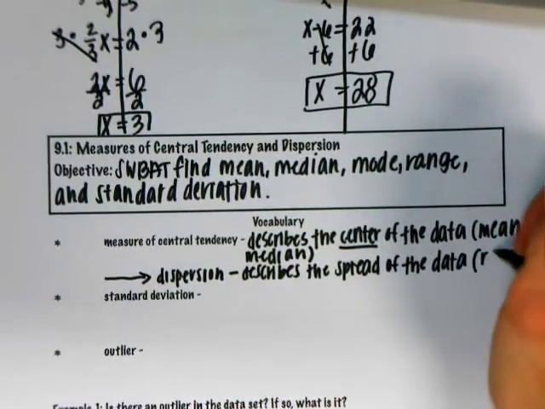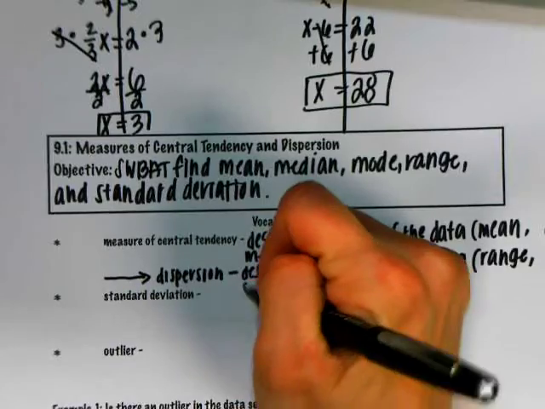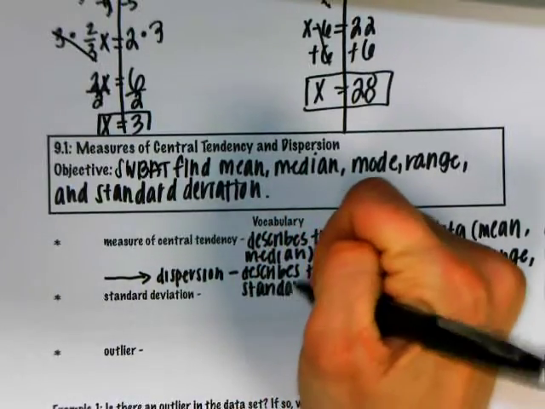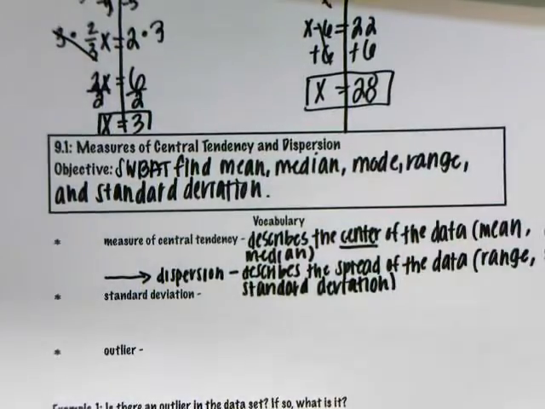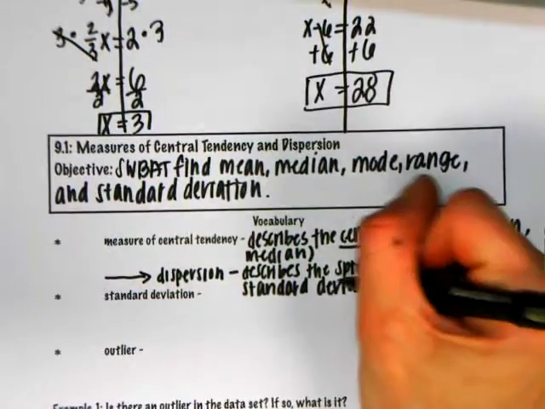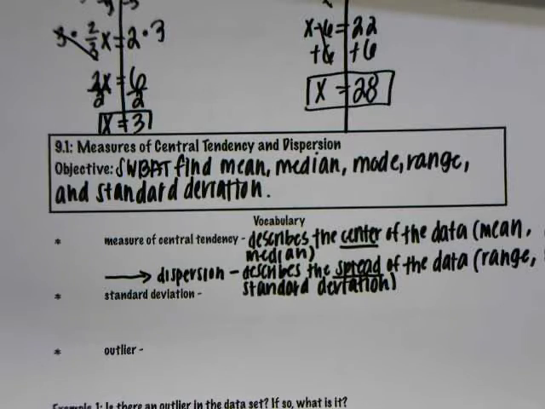So that's going to be your range and your standard deviation. Your mean and your median are both trying to look at what's in the middle of all the data points, and then your range is how wide your data set is, like the biggest and then the smallest.